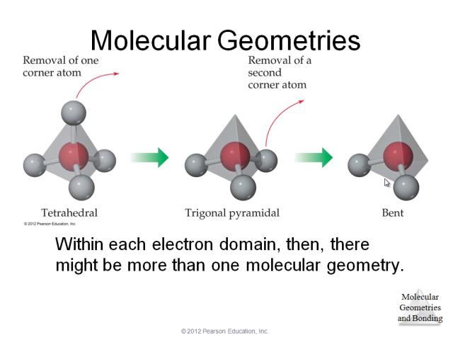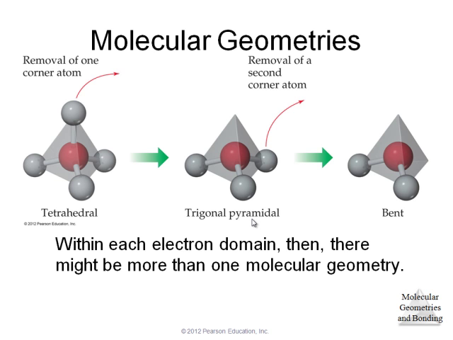Once again, this is showing you the same thing. This was the tetrahedral parent structure, and we remove one corner, then we get trigonal pyramidal. Now let's say in the tetrahedral structure, I had 2 lone pairs among the 4. So I have to remove 2.